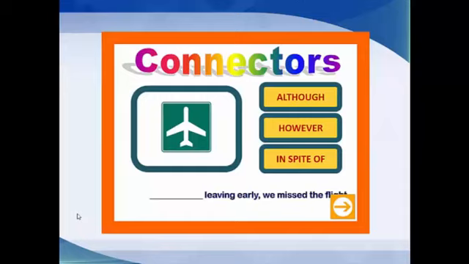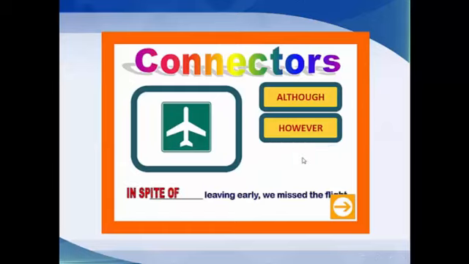The first one is, leaving early, we missed the flight. Which linker are you going to use this? The answer is, in spite of leaving early, we missed the flight.